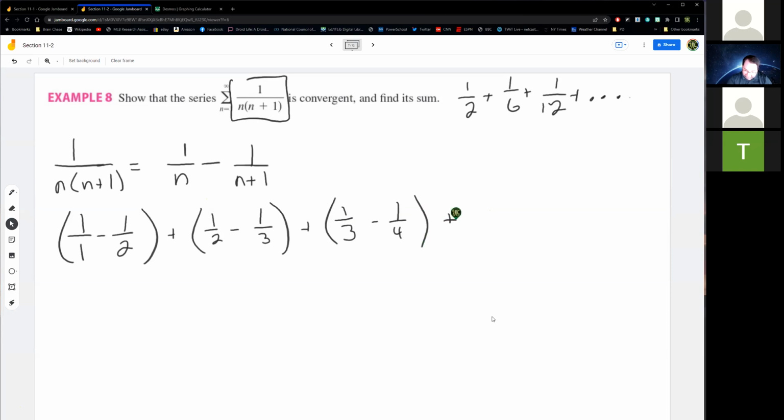Plus, and it keeps going. So eventually it's 1/n minus 1/n plus 1. Does everybody see where I was getting those values from? I'm just plugging in the first number, the second number, and just keep going forward. So that's term 1, that's term 2, that's term 3, so on and so forth.